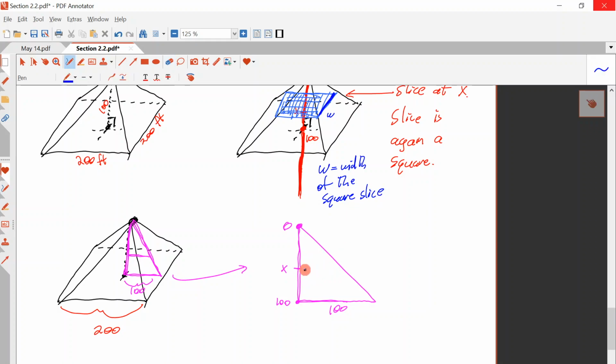So at x, there's W. That's half of W. So we need to know W in terms of x. So let's write W over 2. What is this W in terms of x? And then we can square it to get the area of that square.